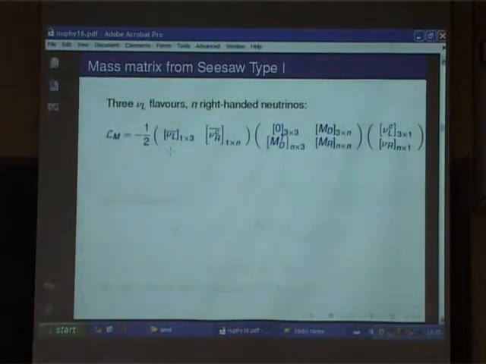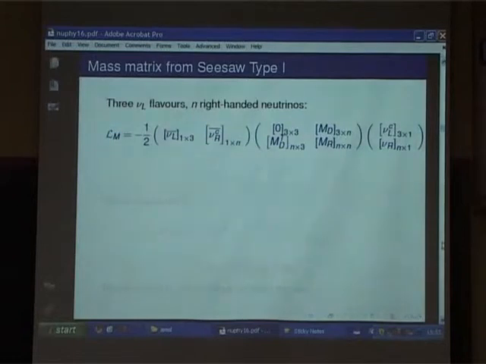So this nu_L bar is therefore a 1 by 3 matrix, and this is 1 by n. The components are 3 by 3, 3 by n, n by 3 (M_D transpose), and M_R is n by n. So whatever we had written in terms of numbers, we now write as matrices. Normally we don't write down the dimensions of matrices.